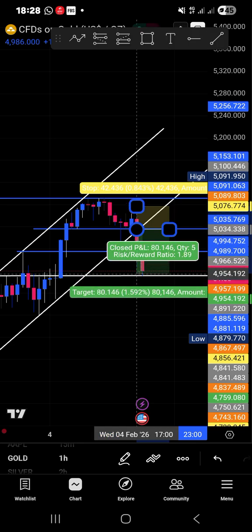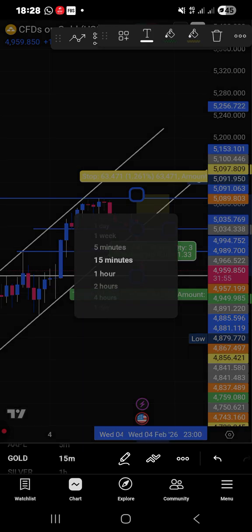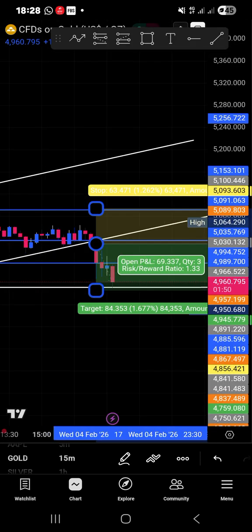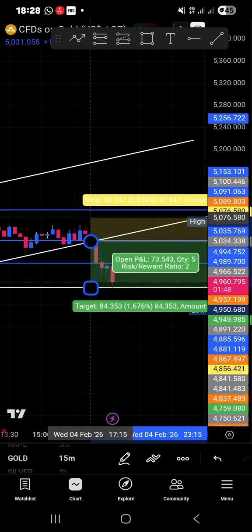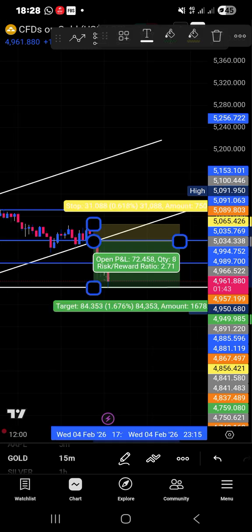So our TP is here and our stop loss. We came to 15 minutes. There is where we used it to enter, which was here, which was a 1:3.